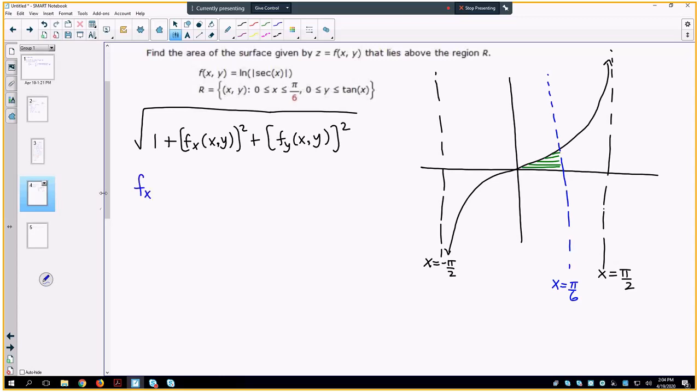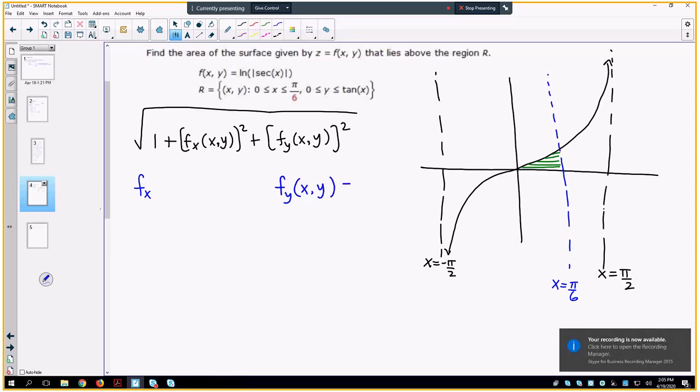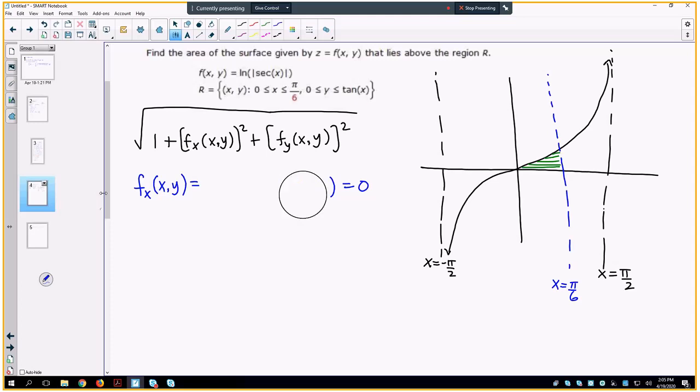My function is actually just a function of x. So I know that my partial with respect to y, my first partial, is going to be 0. Now when I look at my first partial with respect to x, I'll use the chain rule. The derivative of natural log is 1 over x, so that's going to be 1 over secant of x.